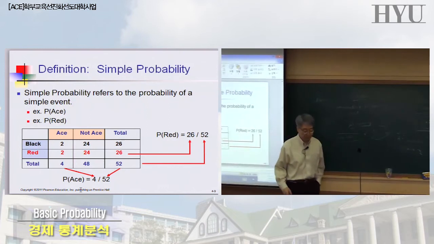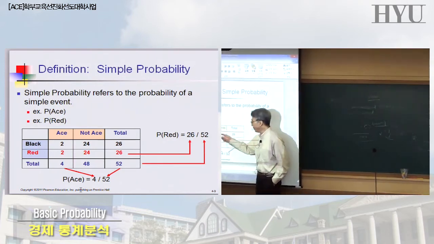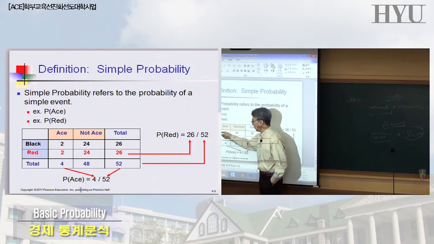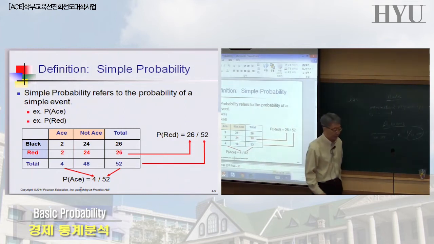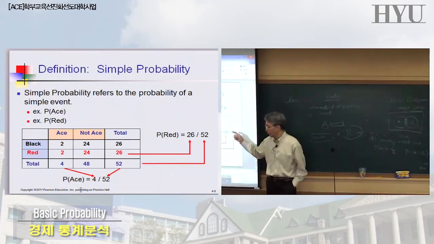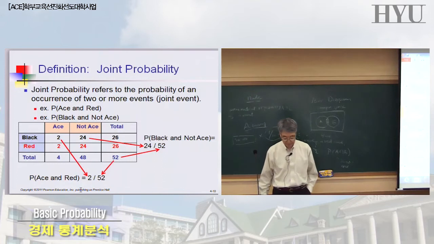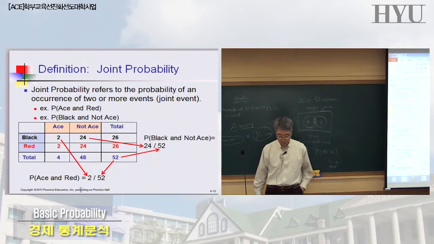Remember, these numbers are not simple. These are joint events. This is an event that you will have an ace and black, not ace and black, and so on. But simple probabilities are found on the margins. We talked about joint probability already.